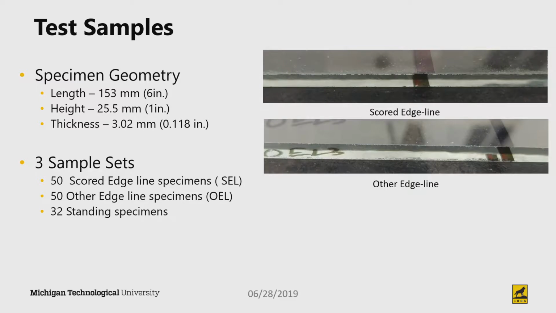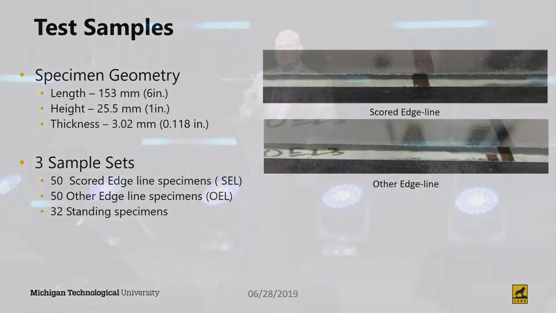Other researchers have shown through other means that there is indeed a difference. Our actual final geometry is basically 150 mils long, about 25.5 mils tall, and about 3 mils thick. Again, a small sample.